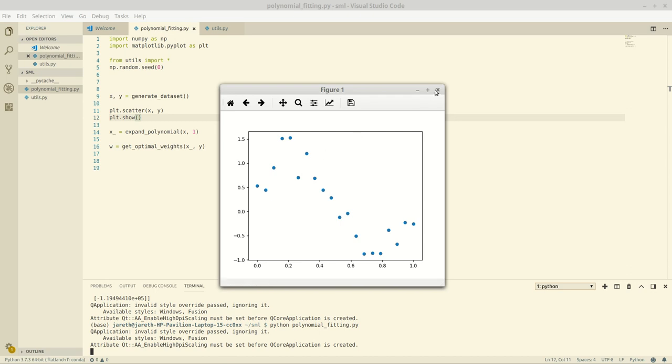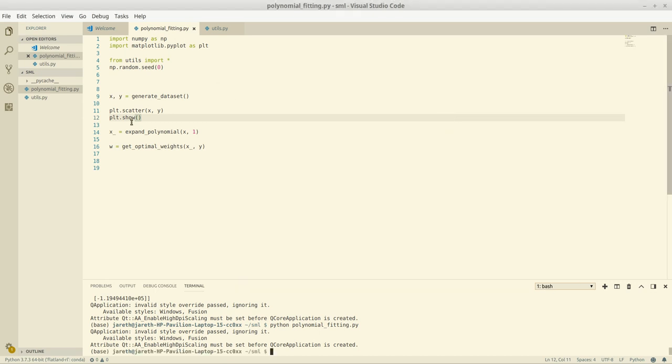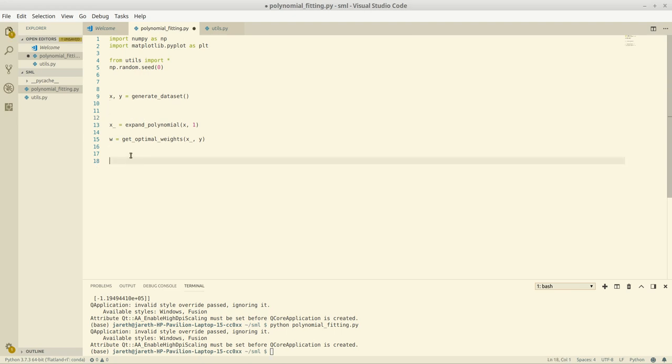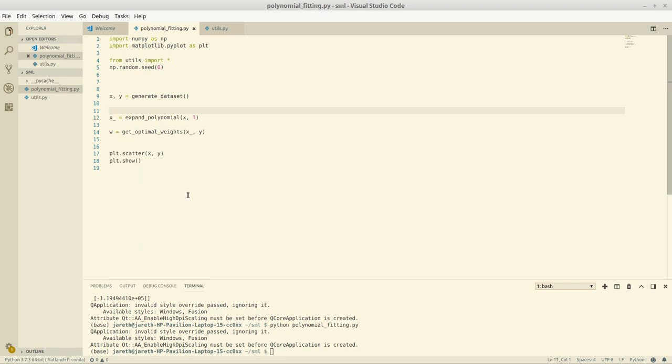The first function we have here is generate dataset, just generating our x and y. The next thing is choosing the right value of m. Do you remember what that was? Let's go back to where we were.